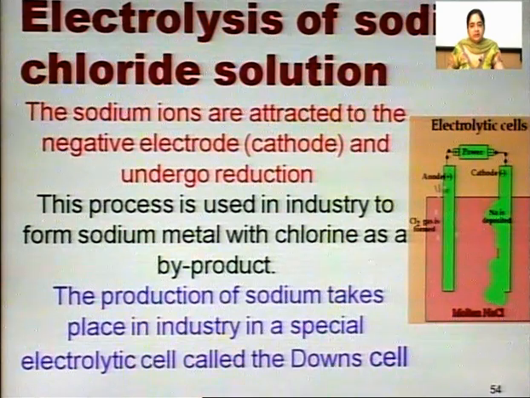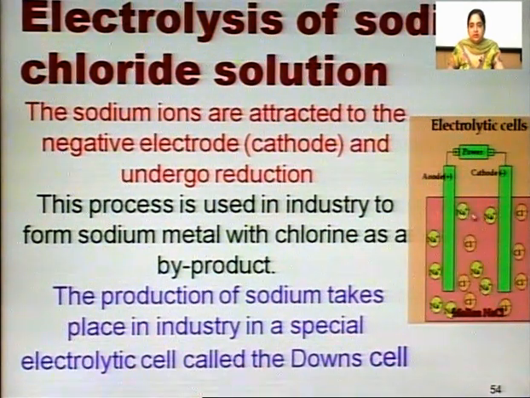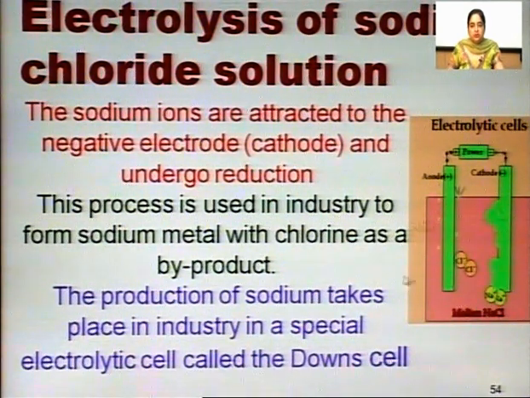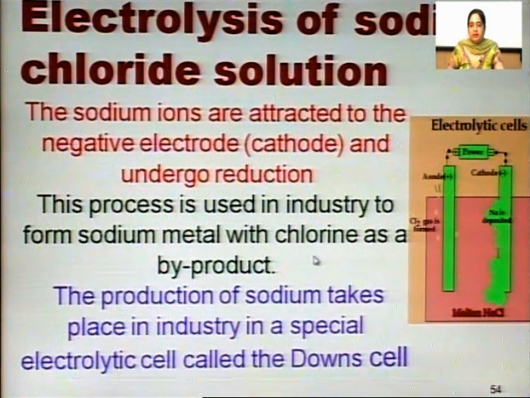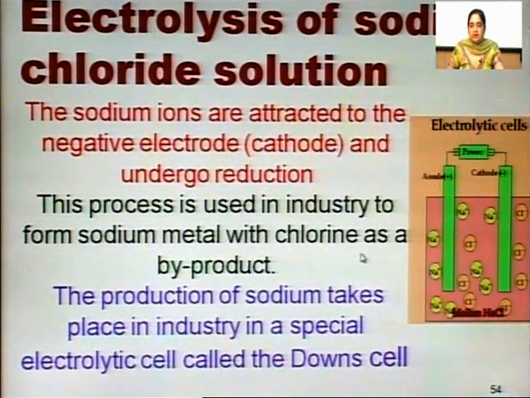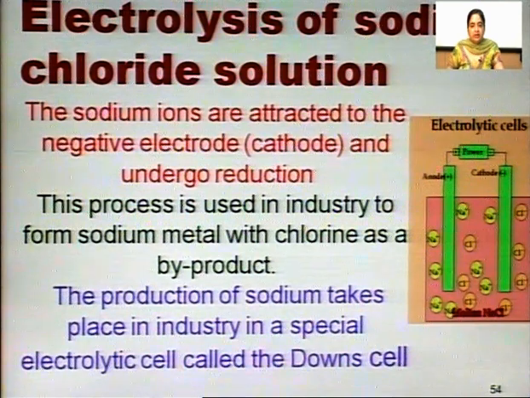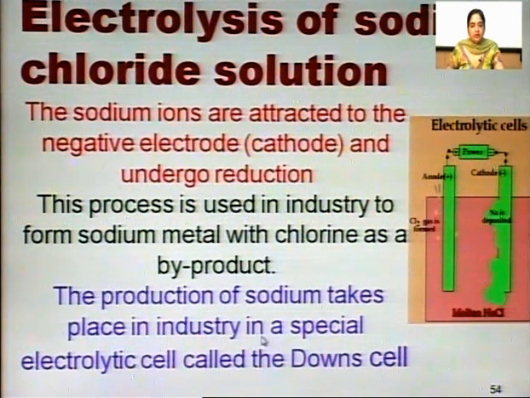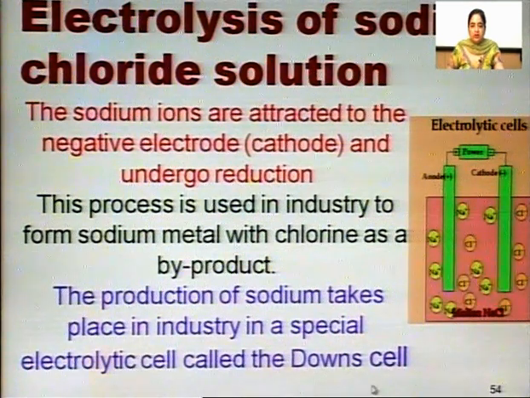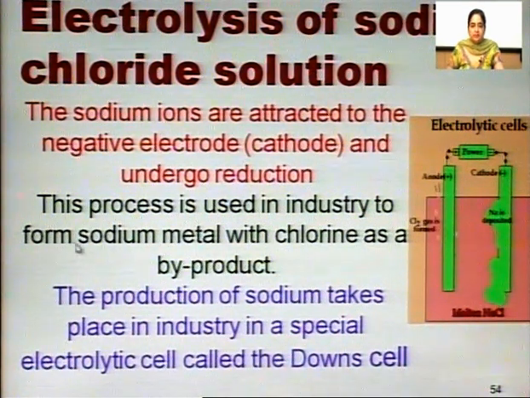This process is used in industry to form sodium metal with chlorine as a byproduct. The production of sodium takes place in a special electrolytic cell called Downs cell.